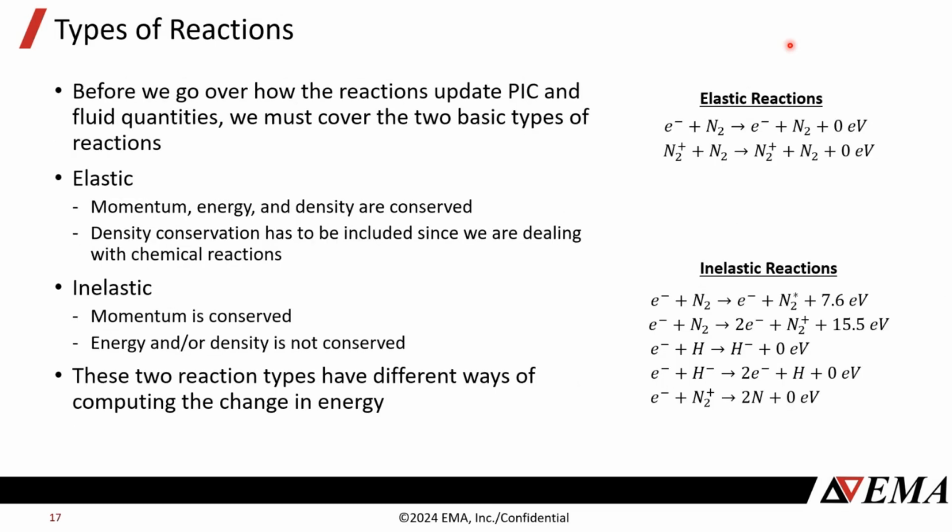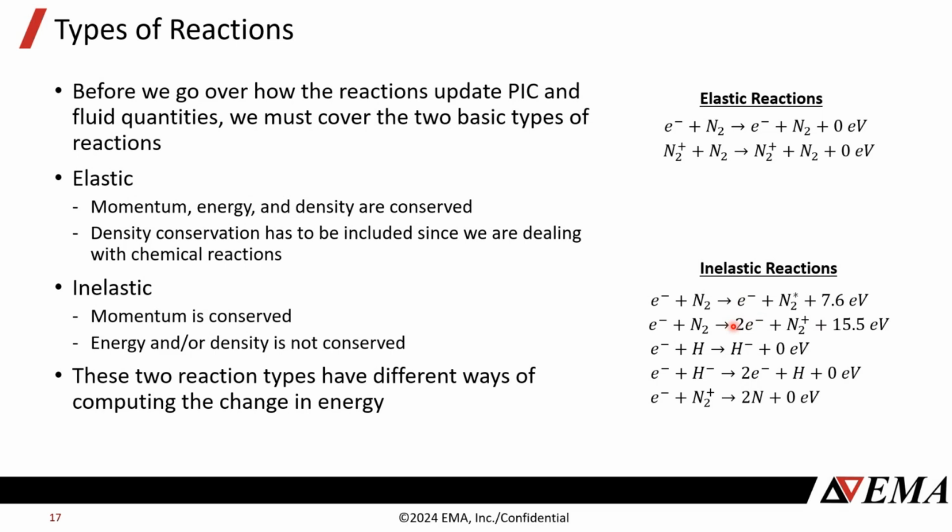If we go back to the previous slide where I have some examples, take this second inelastic reaction right here, where we're ionizing into N2+. We can see that we're producing an additional electron, and that is exactly what the del is going to be.